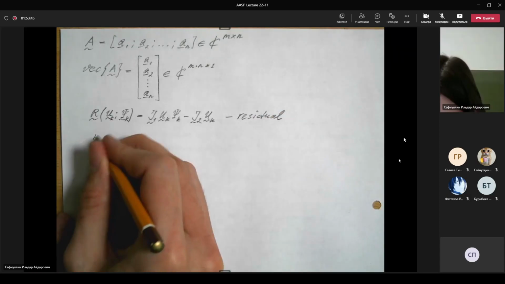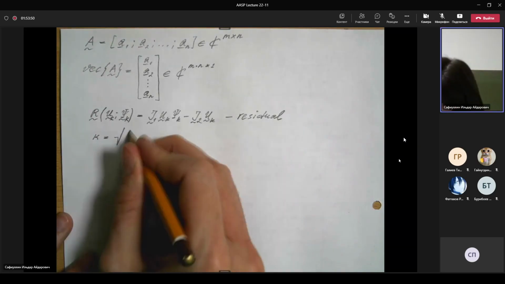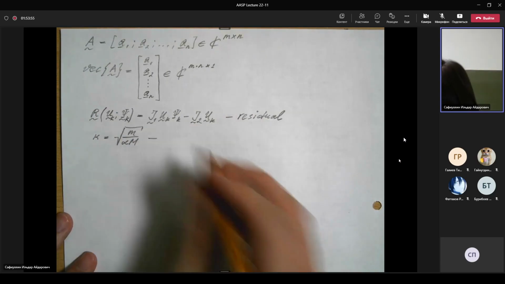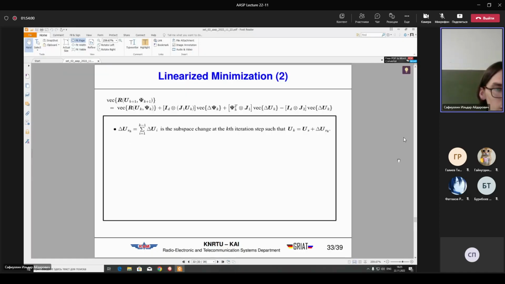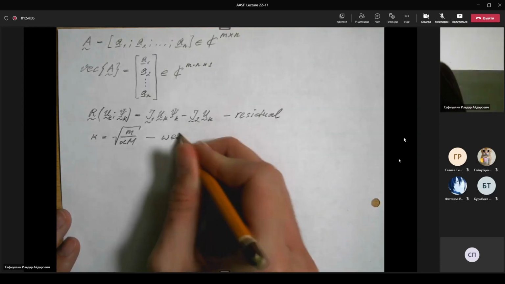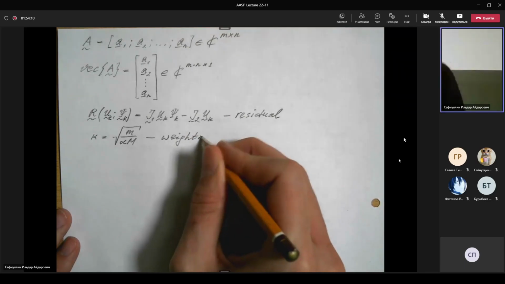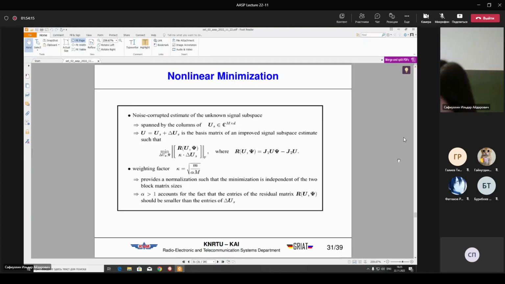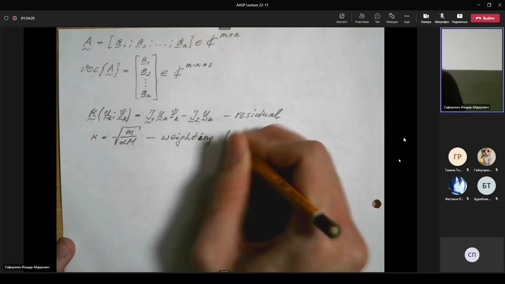And kappa is equal to square root of small m divided by alpha times m. We call it weight factor or weighting factor.